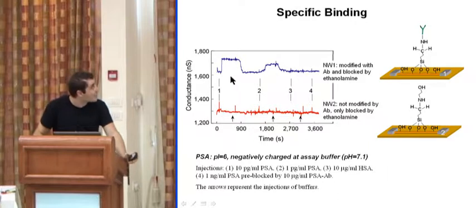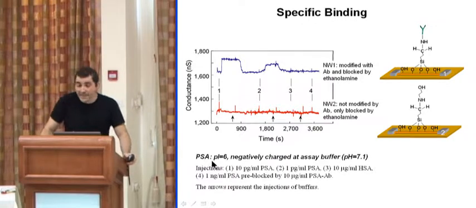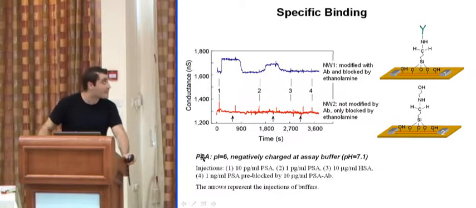Upon injection of the PSA molecule at different concentrations, we can see clear changes of the conductance. In this case, the conductance increases for p-type silicon nanowire devices, as expected, because the pI of the PSA is 6. It means that at pH 7, this molecule is negatively charged. It brings a negative charge to a p-type device, so it causes an increase in the conductance.